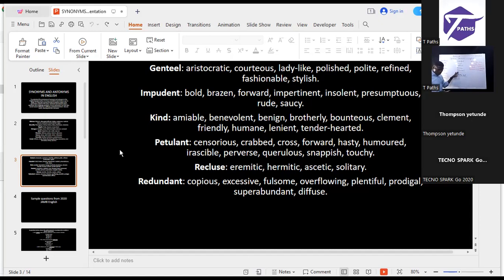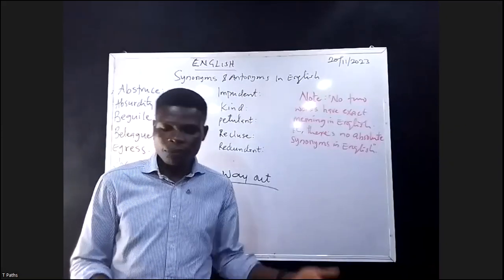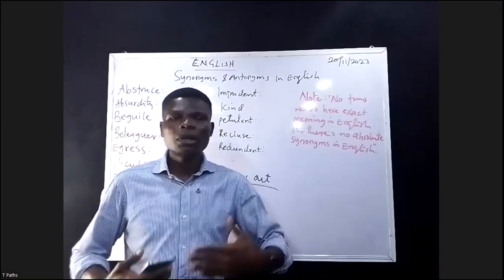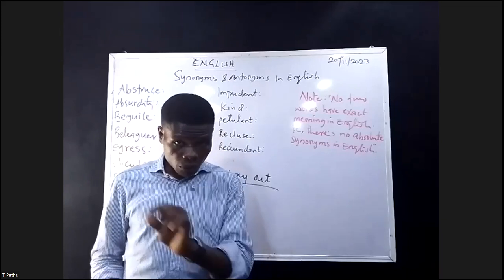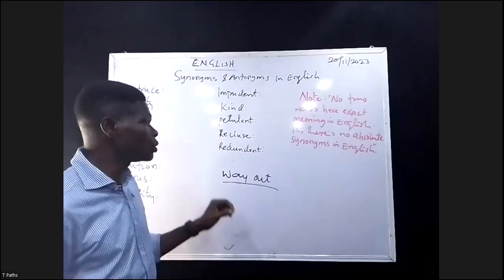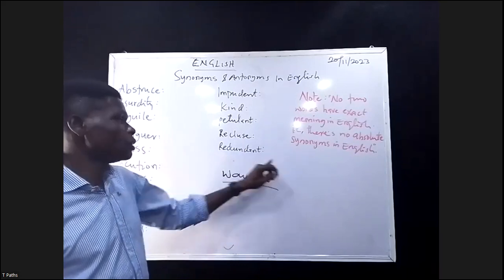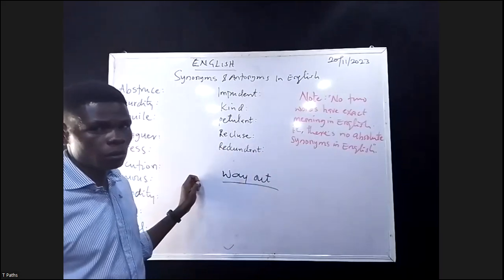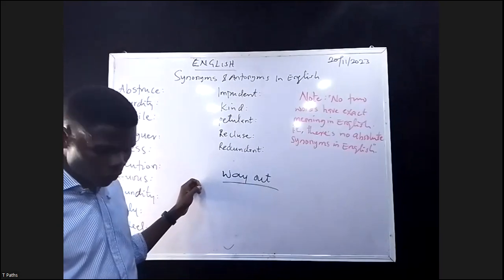Other words we can use are copious, excessive, wholesome, overflowing, plentiful, prodigal, superabundant, or diffuse. Any of these words can be used to replace it in an expression. I hope you understand. Good.